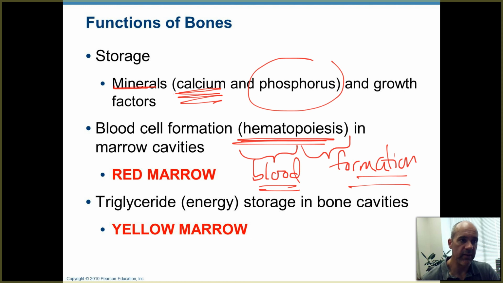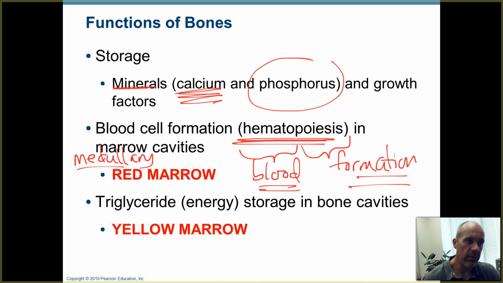So hematopoiesis literally means blood formation, and that takes place inside cavities or compartments inside some bones of the body called marrow cavities, or another term for that is medullary cavity. We'll see more about that shortly.